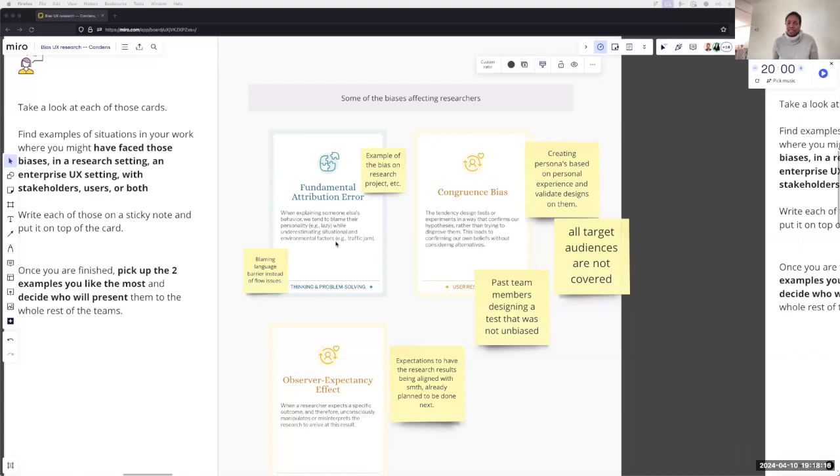I said it was a cop out to use people's age as a way of deflecting or not wanting to improve the design. So that was my example of that kind of bias.